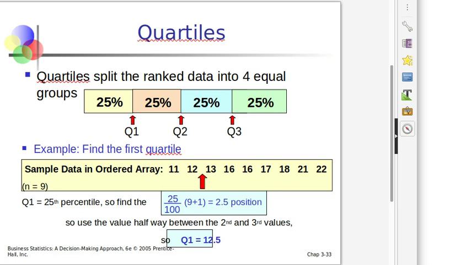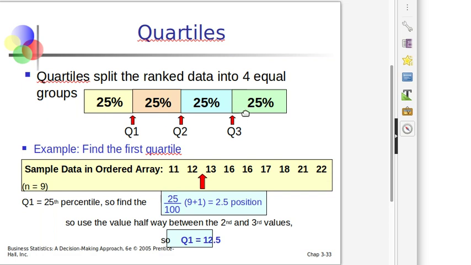Let's go back to quartiles. Quartiles split the ranked data into 4 equal groups. Now, the data set is divided into 4, 25% each. 25, 25, 25, 25.